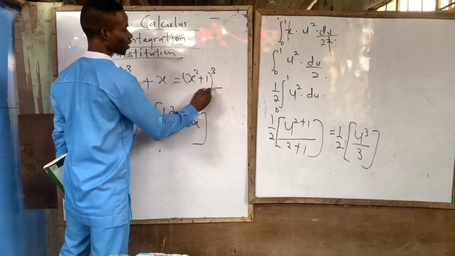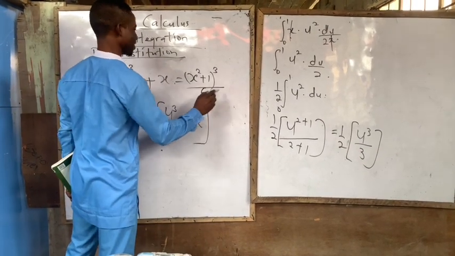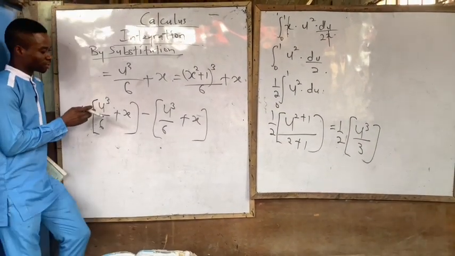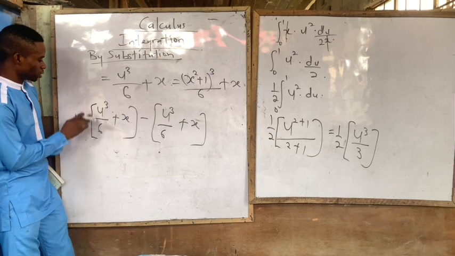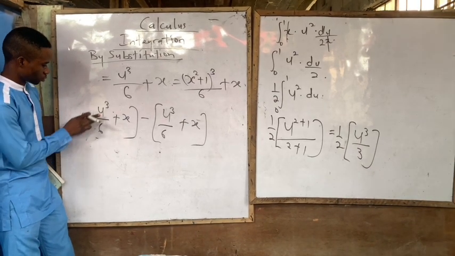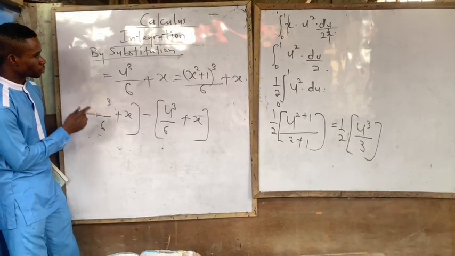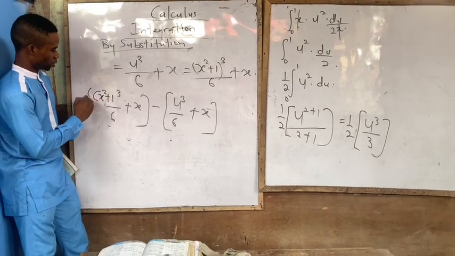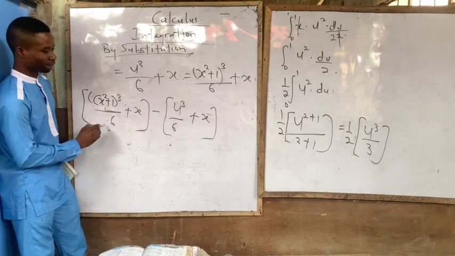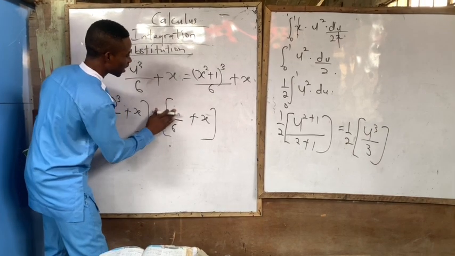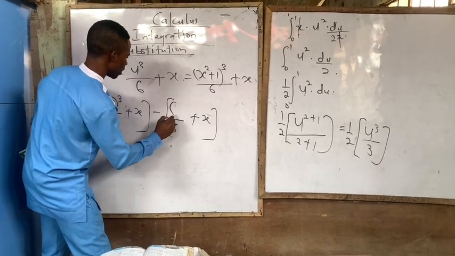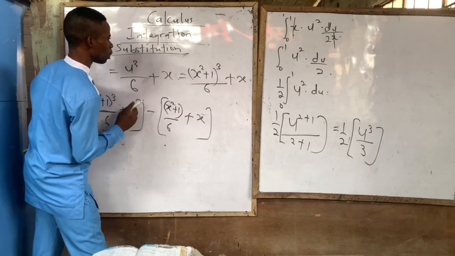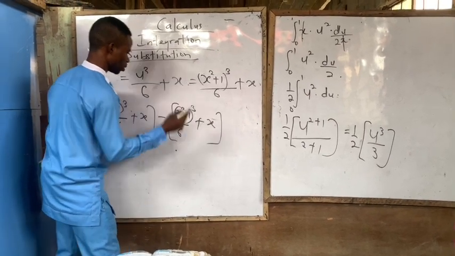So x squared plus 1 raised to power 3 all over 6. I'm going to substitute it back here for u, so we have x squared plus 1 all cubed.